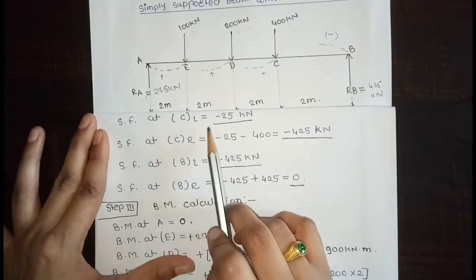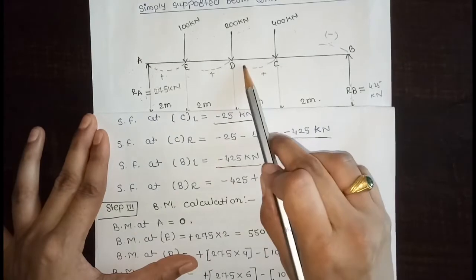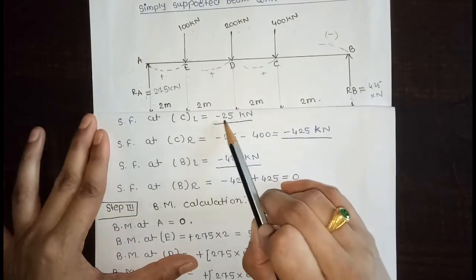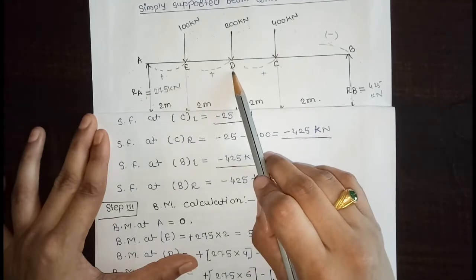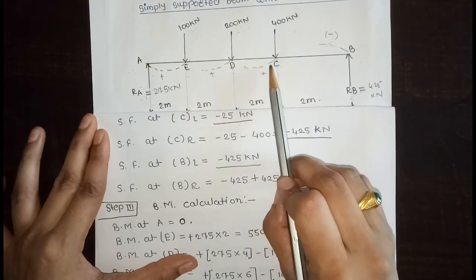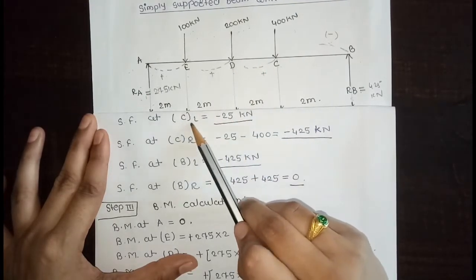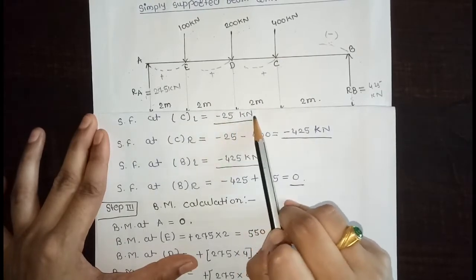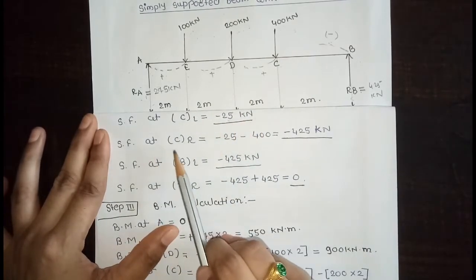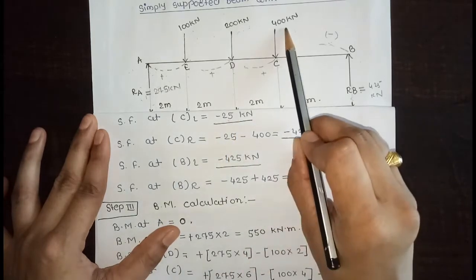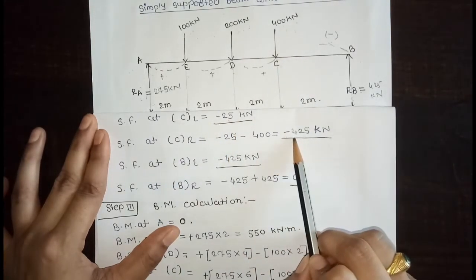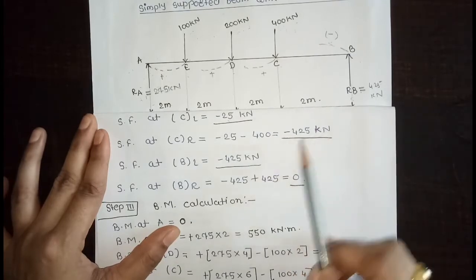Then SF at C left is its previous value, minus 25 kilonewton, because there is no force in between points D and C. So C left is equal to minus 25 kilonewton. SF at C right is minus 25 minus 400, which is equal to minus 425 kilonewton.